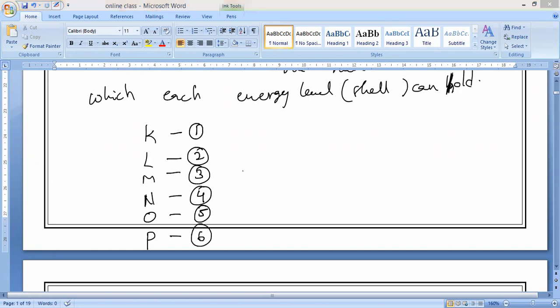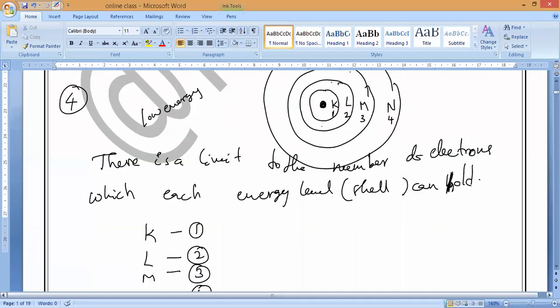Yes or no? Now generally, how many electrons can we find in each energy level? How to find it? We have a formula. The maximum number of electrons the first energy level can hold is only how many? It can hold only 2 electrons.